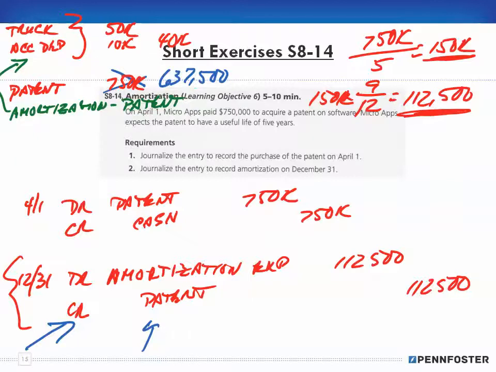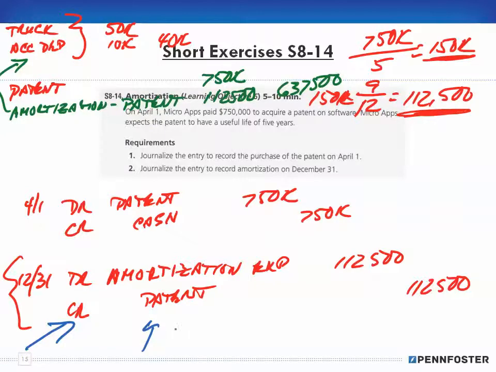So on my books, I would end up having a patent for 750,000, and then I'd have the amortization of 112.5, which would then give me my book value of 637.5.